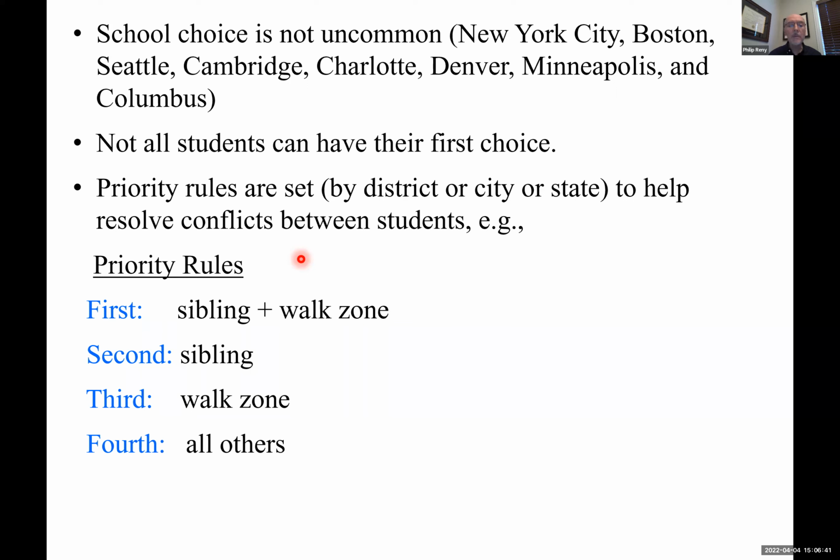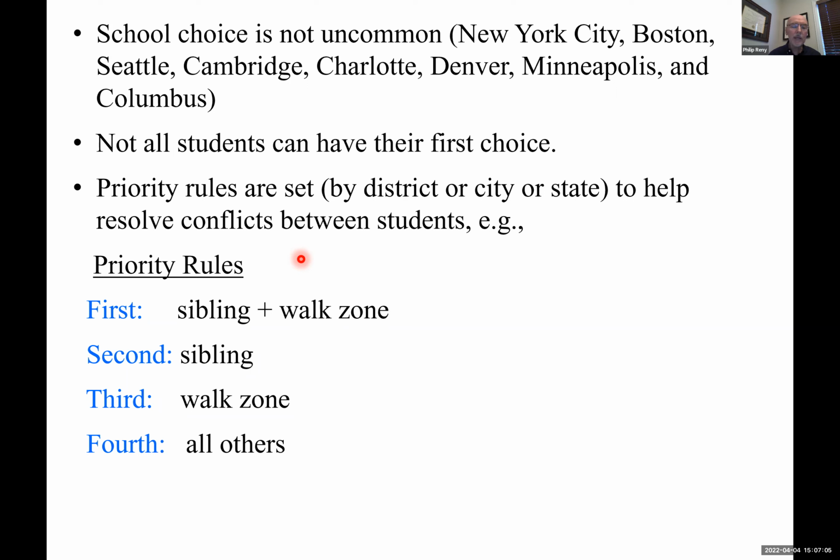And now these are going to generate equivalence classes between students. There could be many students who have both a sibling and are in the walk zone, for example, and there's certainly going to be lots of students at this high school who are in neither, so they're in the fourth group.